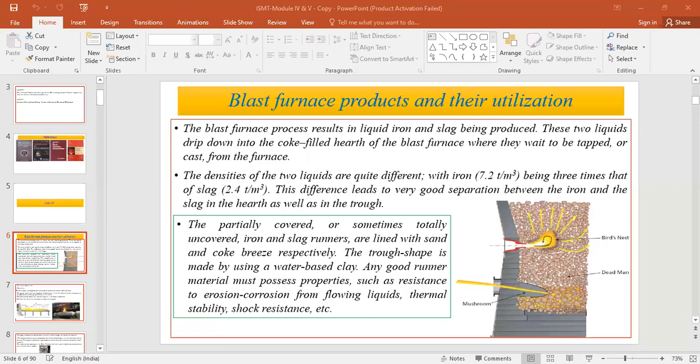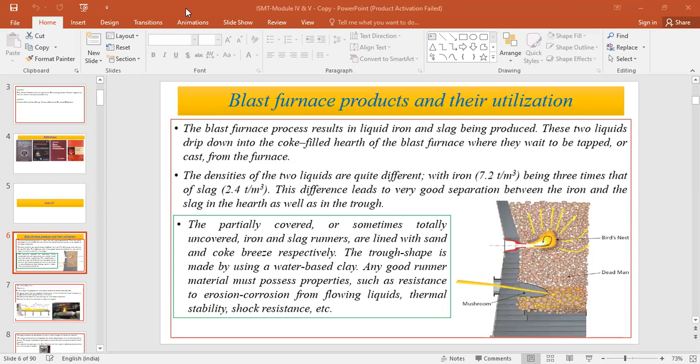In the last class, we discussed various reactions in different parts of the blast furnace, starting from the stack region, then followed by the belly, bosh, raceway part, and hearth part of the blast furnace. So we have seen what the various reactions are which take place at every part of the blast furnace.